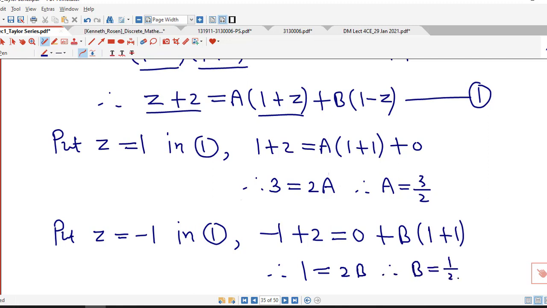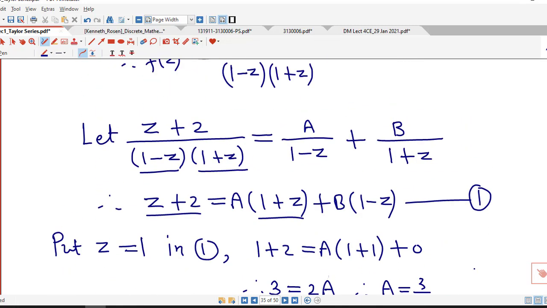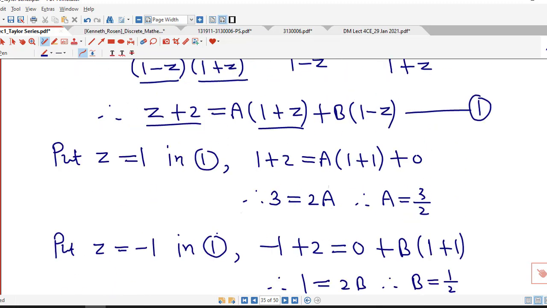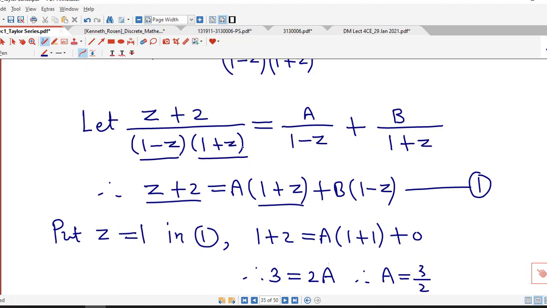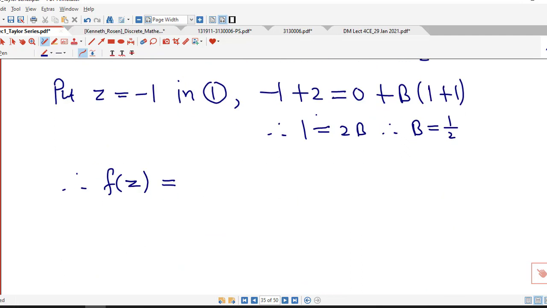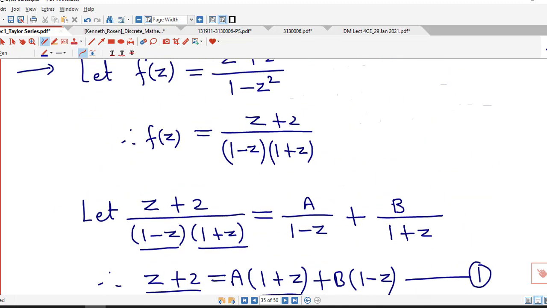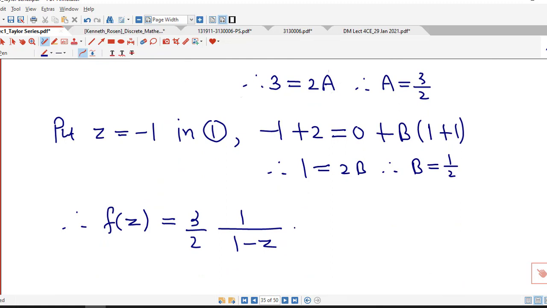So b is nothing but 1 by 2. So we substitute the values of a and b in f of z. Therefore f of z equal to (z plus 2) upon (1 minus z)(1 plus z), which is 3 by 2 times 1 over (1 minus z) plus 1 by 2 times 1 over (1 plus z).